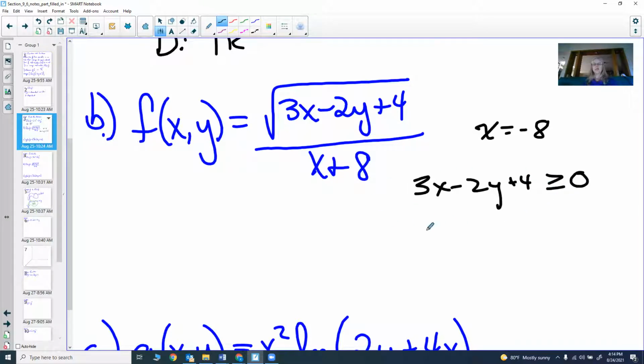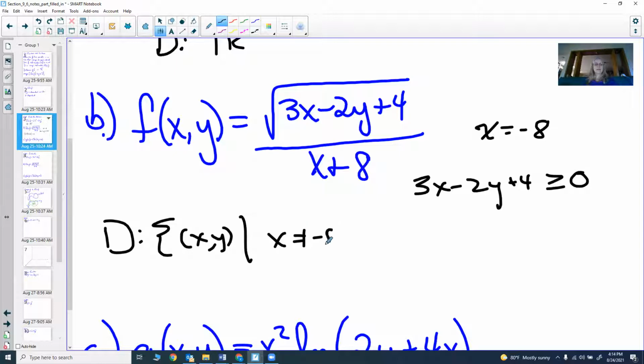You can either solve for y if you want to, or you can just leave it like that. I actually prefer to just leave it like that and say D is going to be the set of x, y, such that x cannot equal -8 and 3x minus 2y plus 4 has to be greater than or equal to 0.